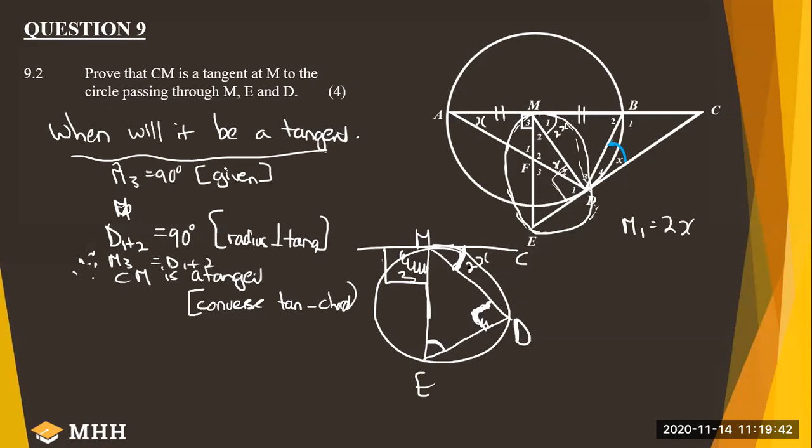Then they said MDE is 90 degrees. Radius tan, MDE is 90 degrees. Then they decided to work with adjacent angles in a straight line.